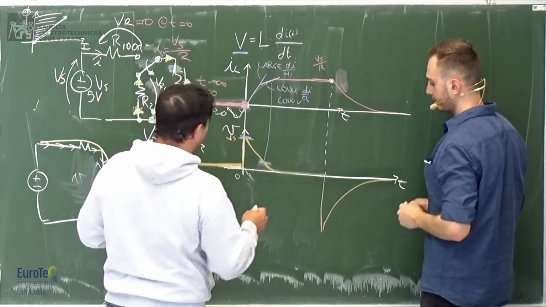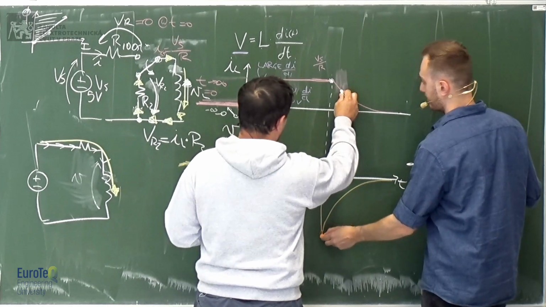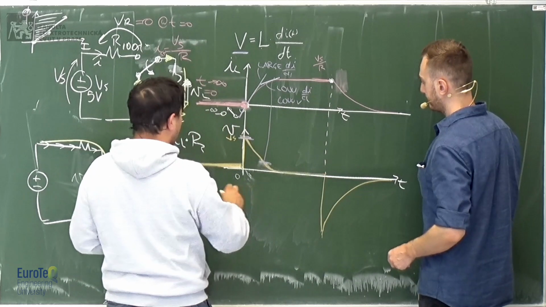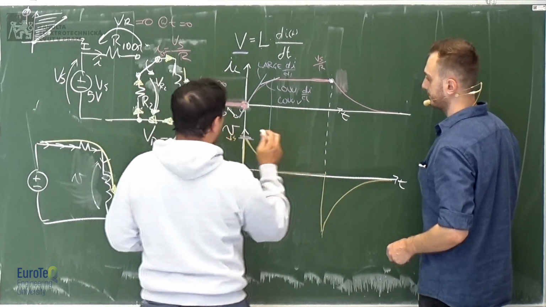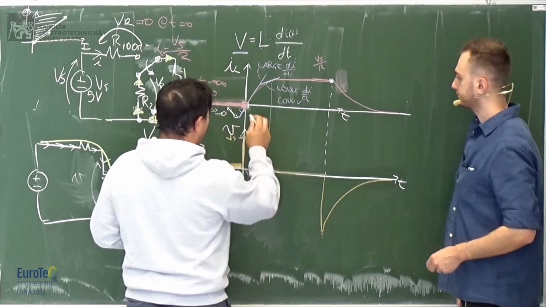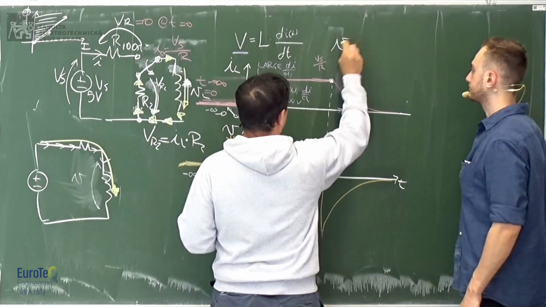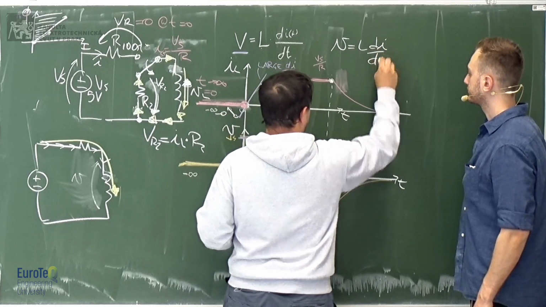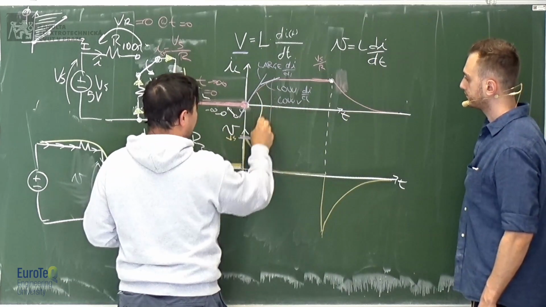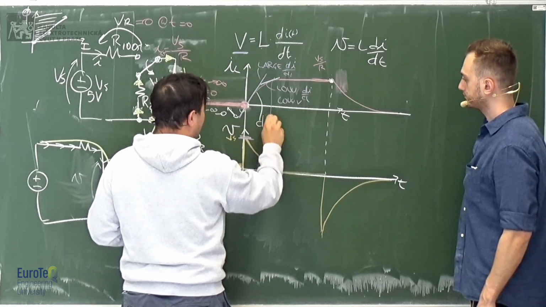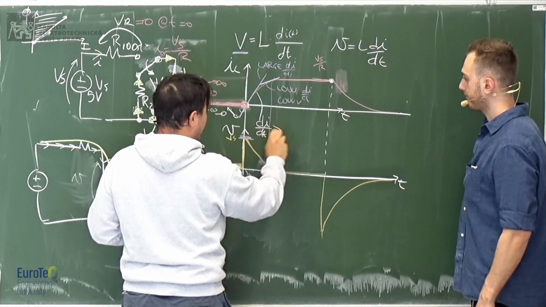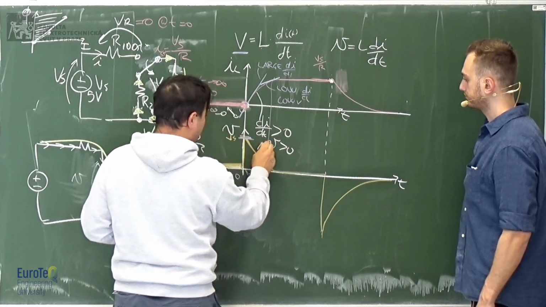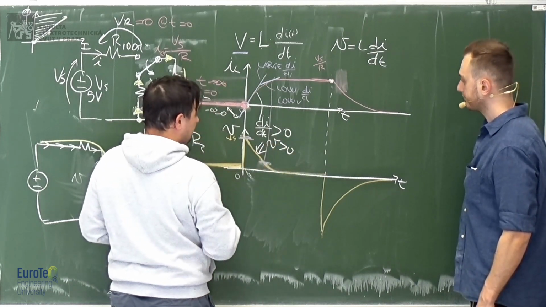Which is something that you see also here because the times are more or less the same, so I expect starting from the same value. But here, you see, you know that V is L di/dt. So here, the derivative of current in time is positive, so the voltage must be positive, correct?